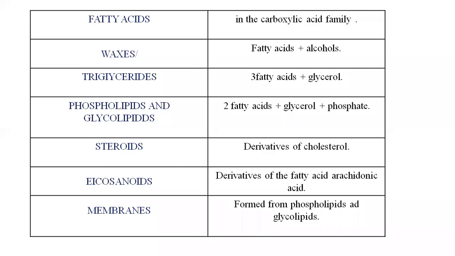Phospholipids and glycolipids have two fatty acids plus glycerol, with either a phosphate part or a glycon part present. Steroids are derivatives of cholesterol. Eicosanoids are derivatives of fatty acids such as arachidonic acid. Different types of membranes, like the plasma membrane, are formed from the phospholipids and glycolipids.